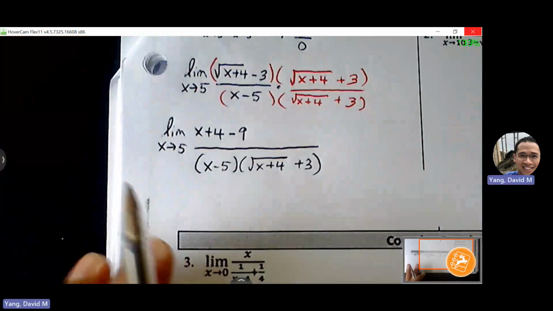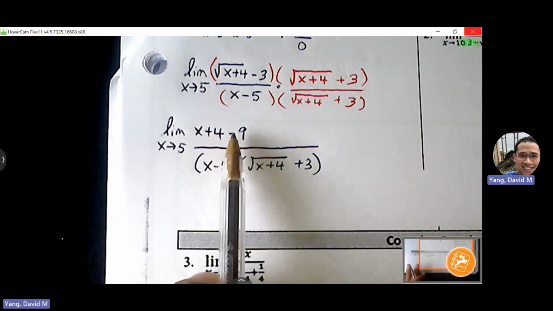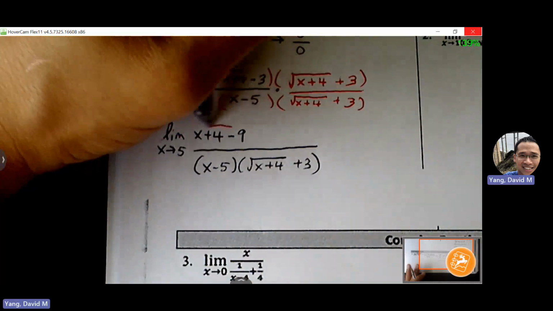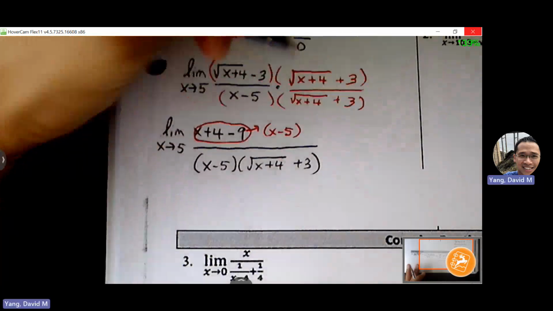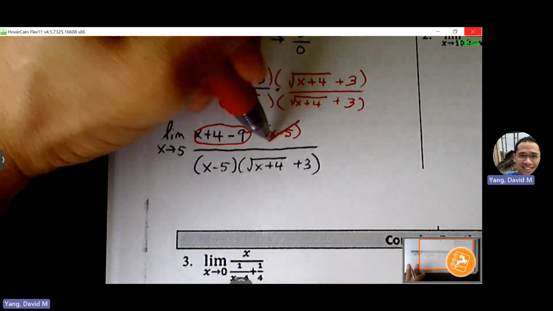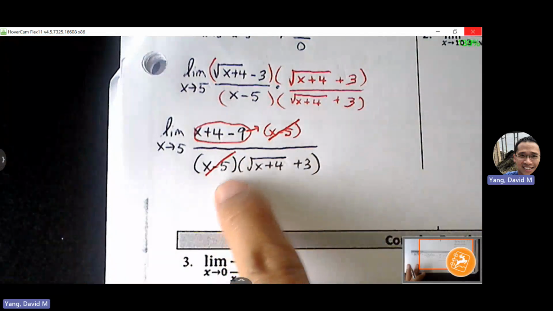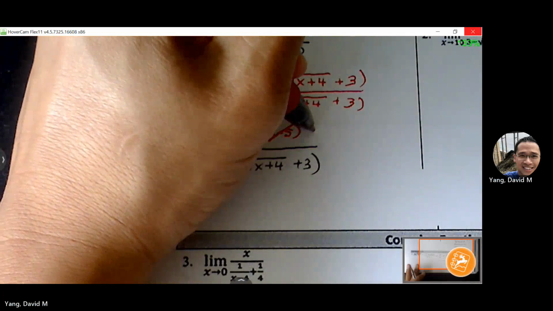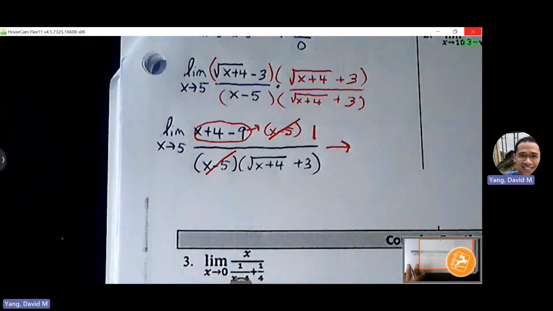Now, what do you notice about the numerator here? It becomes x minus 5, right? So once that becomes x minus 5, that's a perfect match with the denominator. There's my culprit. There's the hole that I removed. Now, everything in the numerator goes away. There's still a what left over? A 1.